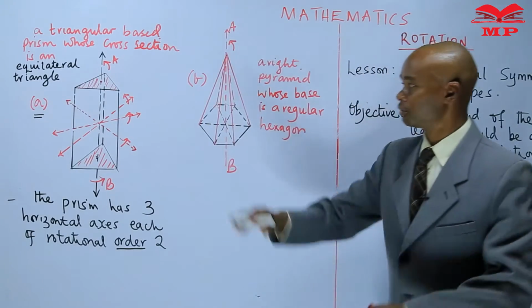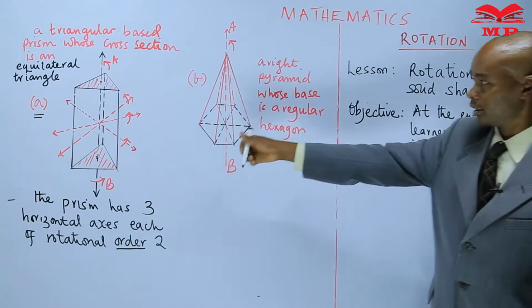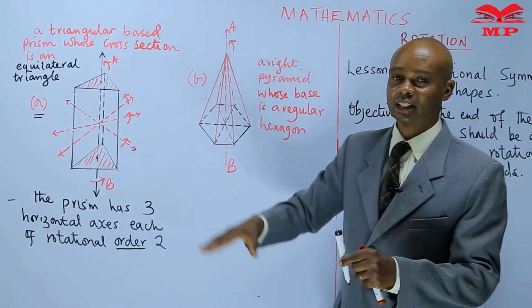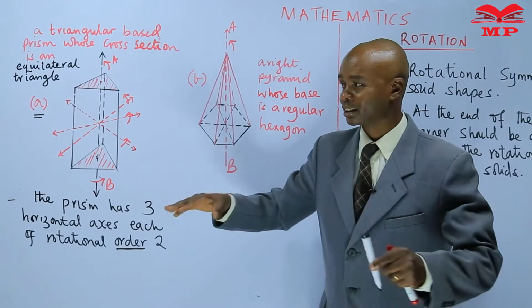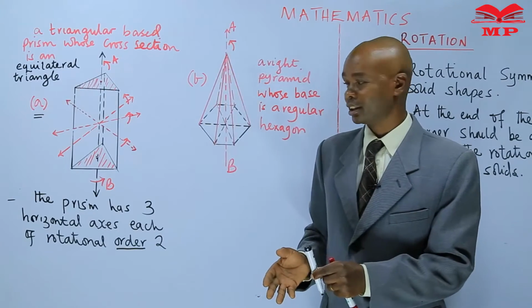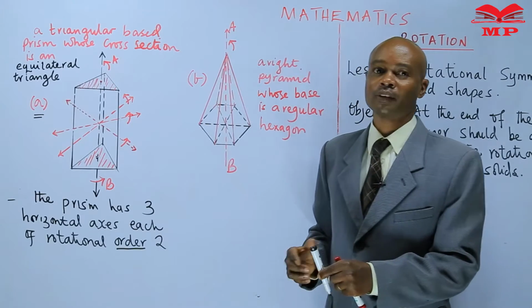What does that mean? If you rotate that prism, after a half turn, it will map onto itself. Turn again, 360, it will map onto itself.